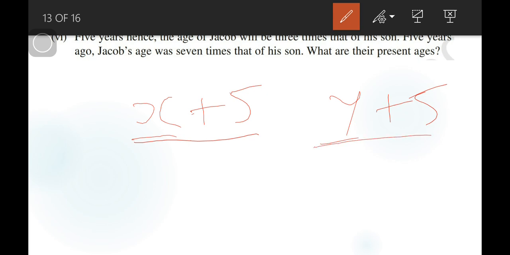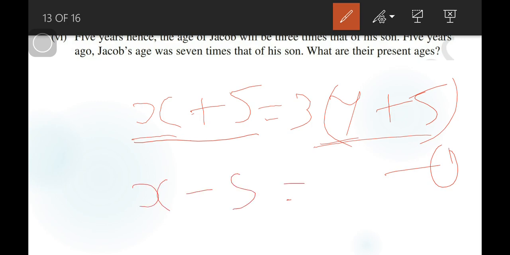Now what does it say? The age of Jacob will be 3 times that of his son, means x plus 5 is equal to 3 times the age of his son. It is equation number 1. And 5 years ago means x minus 5 is equal to y minus 5.